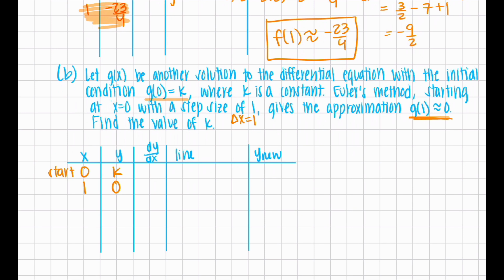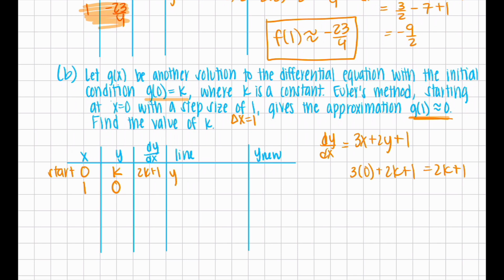So I want you to keep in mind our differential equation was, let's rewrite it, 3x plus 2y plus 1. So using x equals 0, y equals k, we get 3 times 0 plus 2k plus 1. So our dy dx is 2k plus 1.